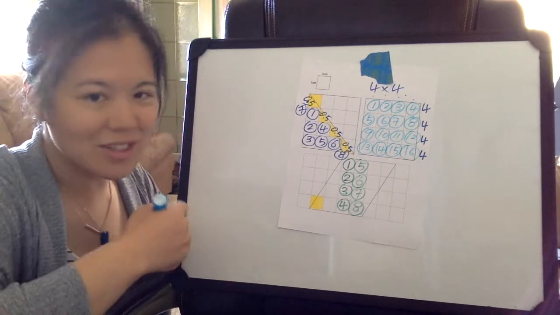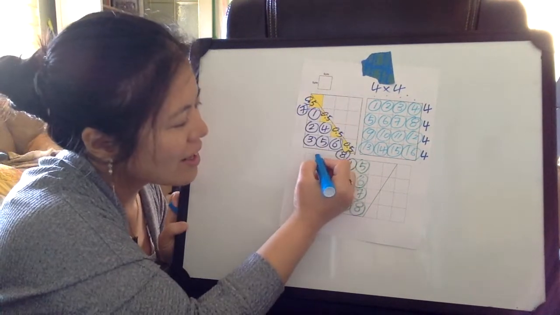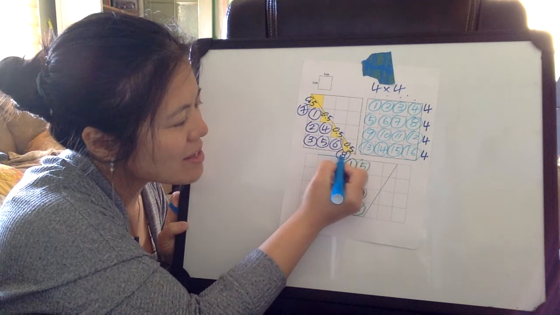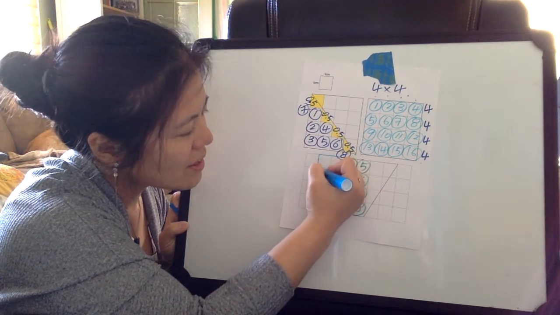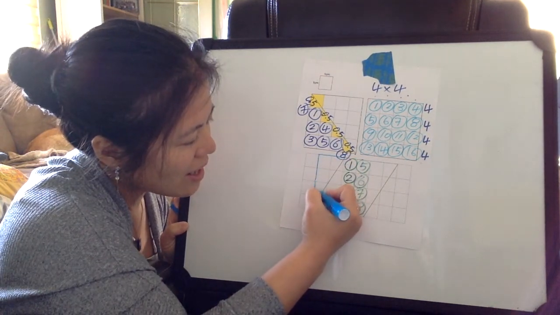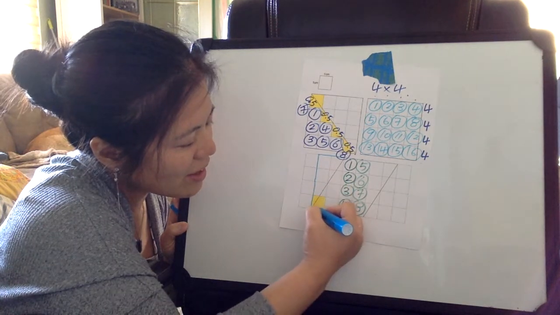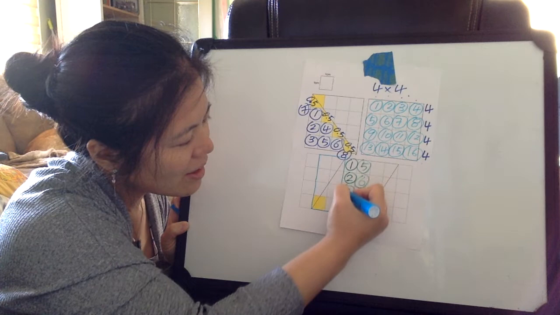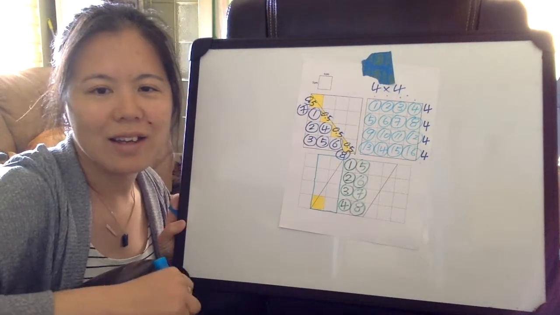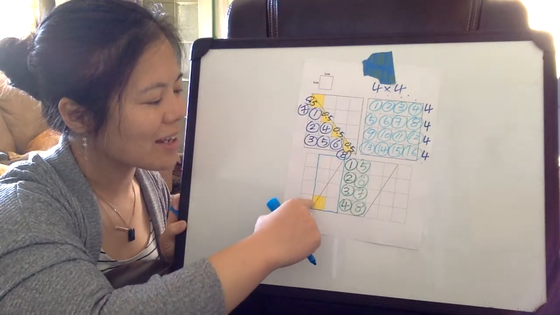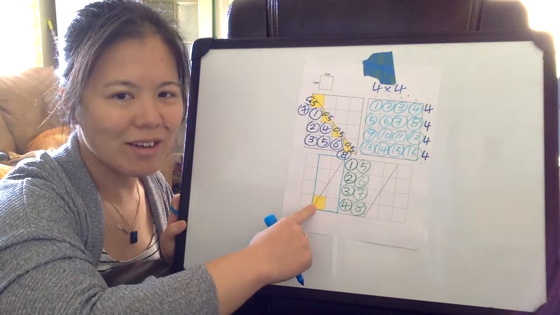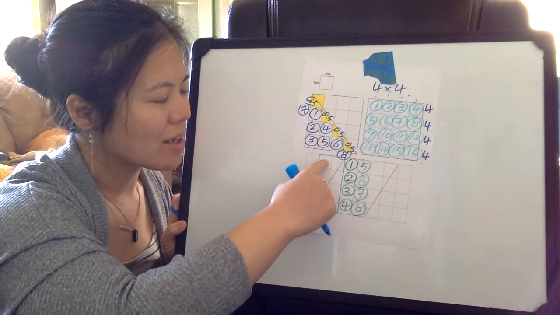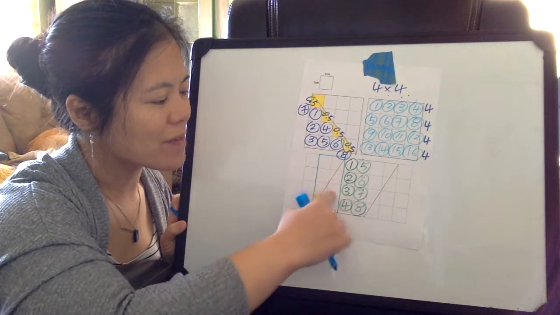If I actually take a look at this right over here, do you see that this line right over here is cutting 1, 2, 3, 4, 5, 6, 7, 8.